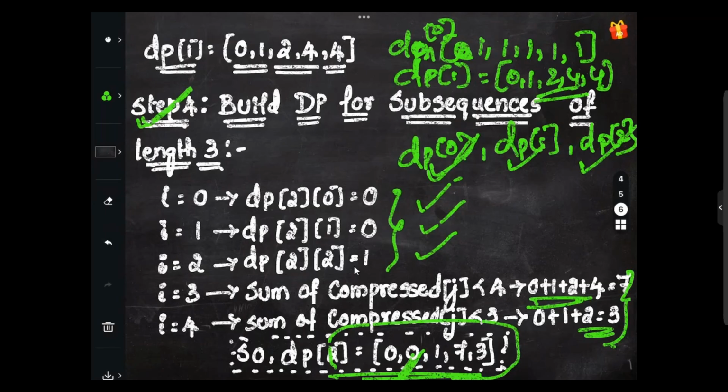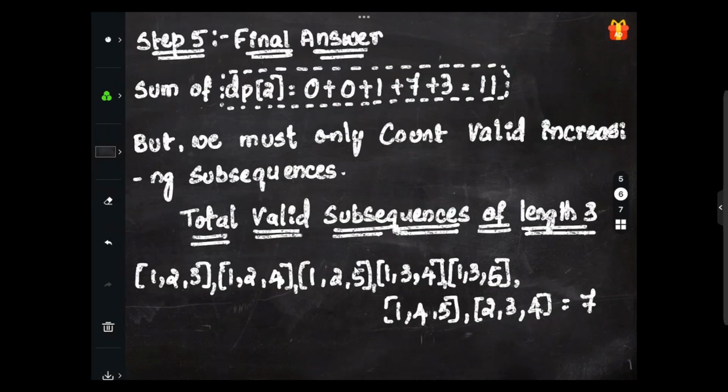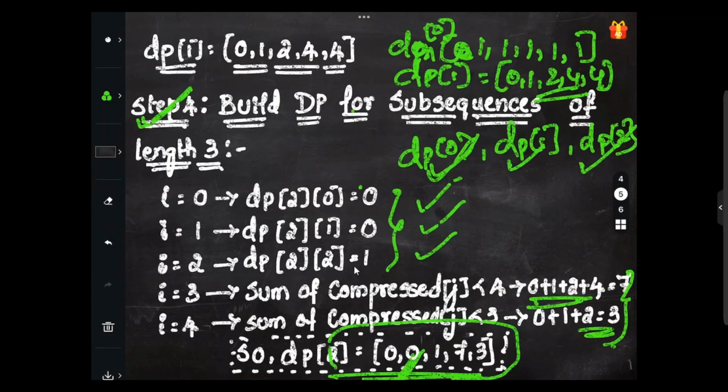The final answer would be dp of 2 equals 0 plus 0 initially, two zeros, plus 1 plus 7 plus 3. This calculation I haven't shown. So dp of 2 will be 0 0 1 7 3.